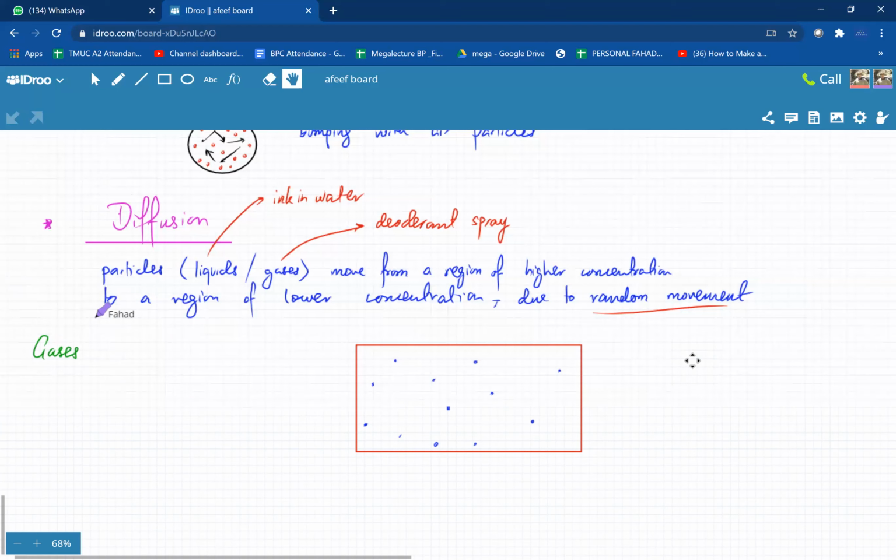But if you put an ink drop in water, that's pretty slow. So gases diffuse faster compared to liquids, as they are more energetic.